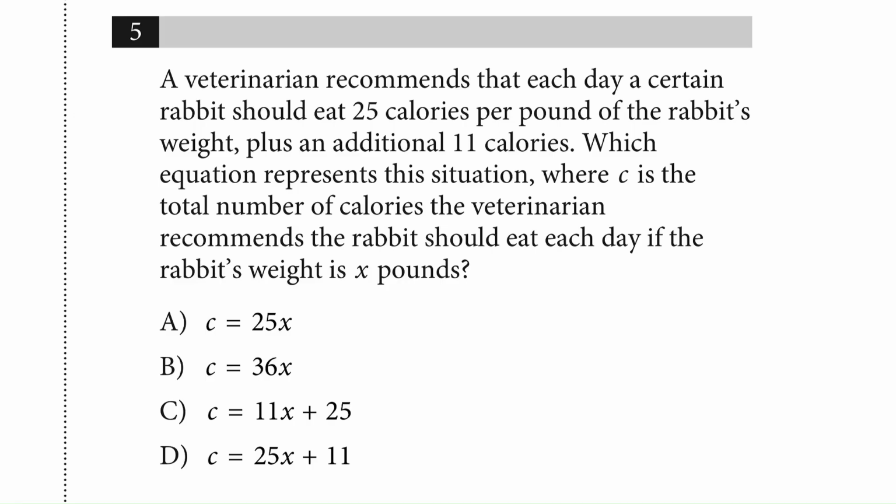So when we are looking at this one, a rabbit should eat 25 calories per pound of the rabbit's weight, plus an additional 11 calories. So the 25 is going to be multiplied by the number of pounds that the rabbit has, plus an additional 11 calories. That one is not multiplied by anything, so this option is D.